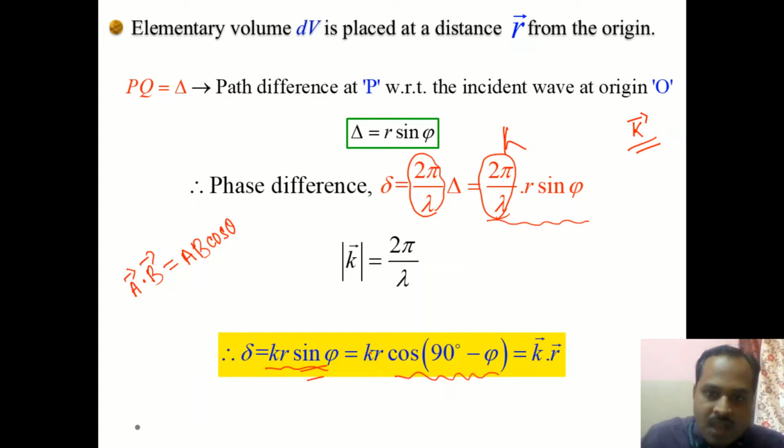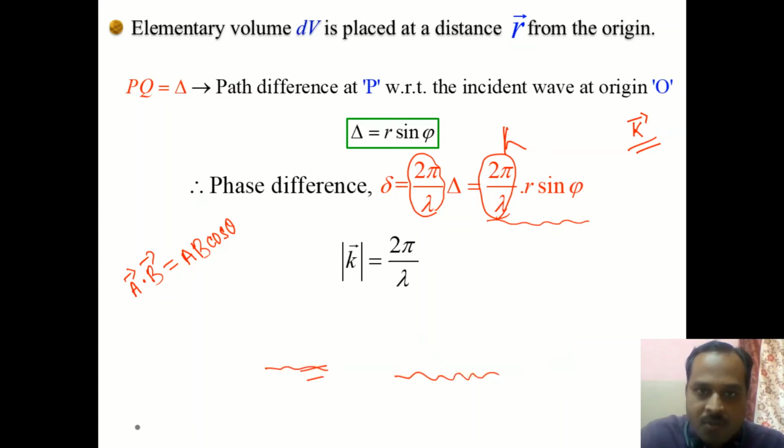In this case, the angle between the vector k and the vector r is 90 degree minus phi, so it can be represented as k dot r. This is the phase difference of the two incident rays. One is incident at the point P, which is located inside a small volume dV of the solid, and another is at point O. With respect to these two, this is the total phase difference for the incident wave.